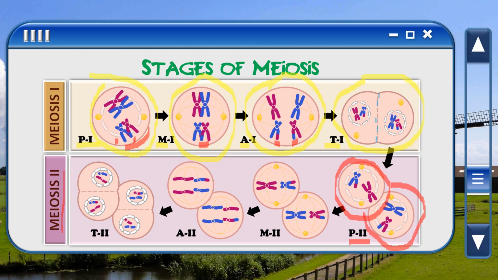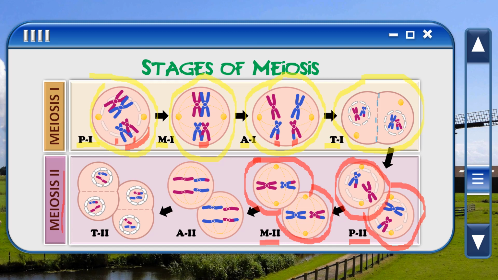Then they undergo a second stage, which we call metaphase 2. In metaphase 2, each chromosome aligns itself on its own spindle, and they are at the equator.